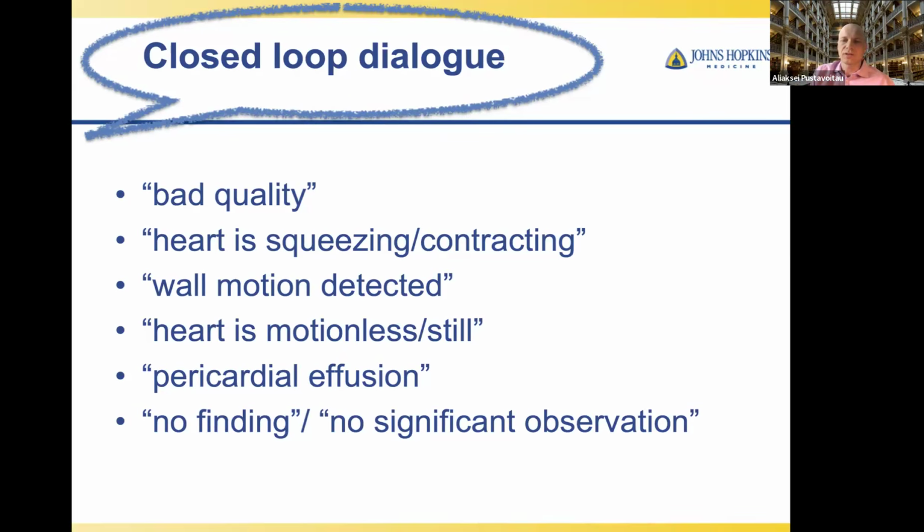It's much worse if you start, well, it looks like the heart is moving. I don't really see the right ventricle well. Left ventricle seems like moving. That's not good information. In fact, it's just confusing and distracting to the team leader. The team leader really needs very focused information.